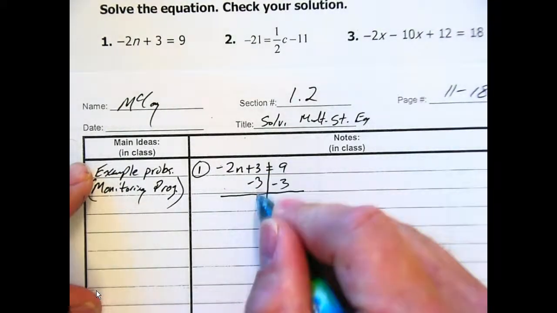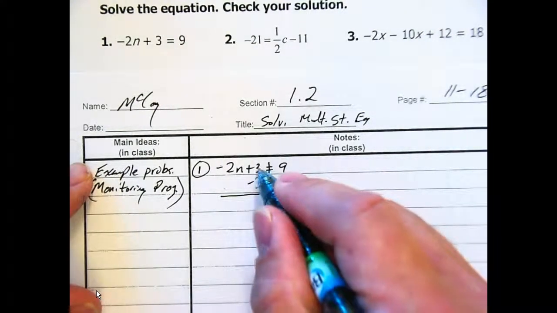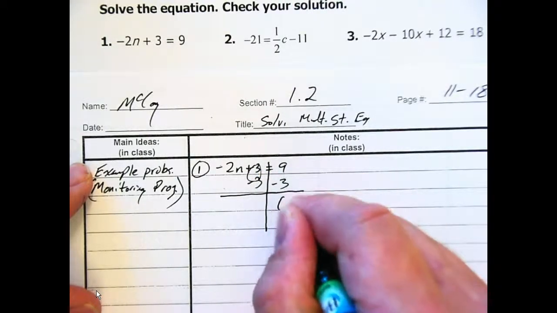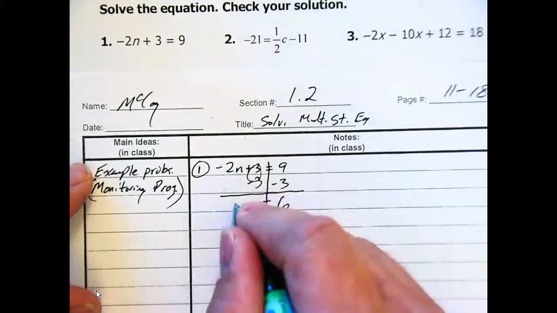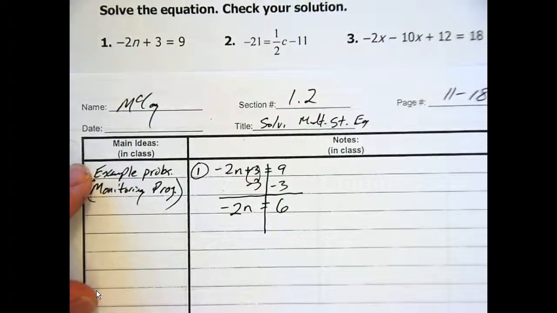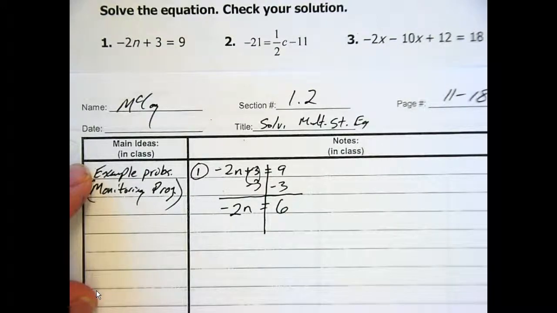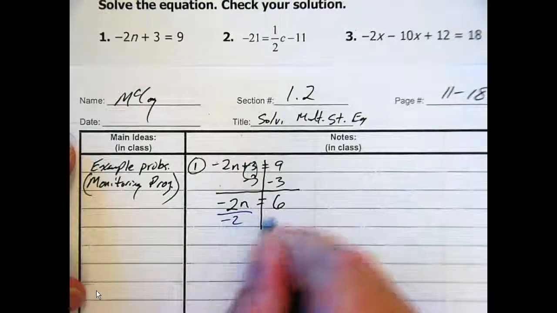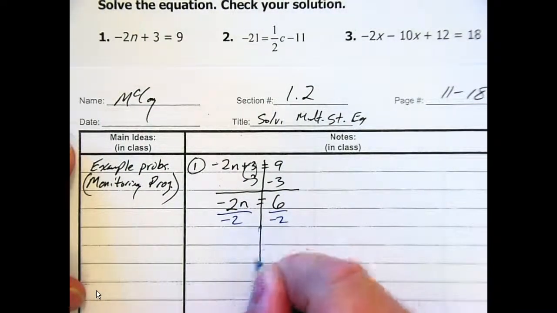That makes 3 minus 3 equal 0. And 9 minus 3 is 6. So now I rewrite my equation. Negative 2n equals 6. What's the next step? Someone new. Guys, you no longer have assigned seats once I know your name. Jillian. Divide each by negative 2. So we get 1n.